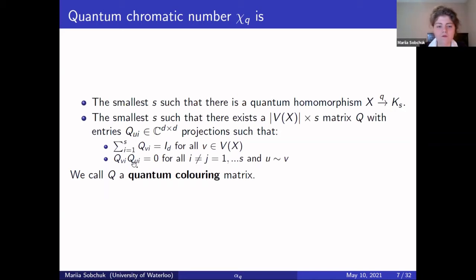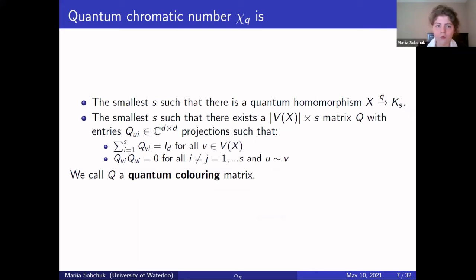And we have the requirement on the projections to be orthogonal in the same column if the rows correspond to adjacent vertices. So Q_vi and Q_ui are orthogonal if v and u are adjacent. And again, you can think of it as an analog to classical coloring, where if we have vertices of the same color, we want them to be not adjacent. If the vertices are adjacent, we want them to be different colors. And so again, by analogy we call this matrix Q a quantum coloring matrix.